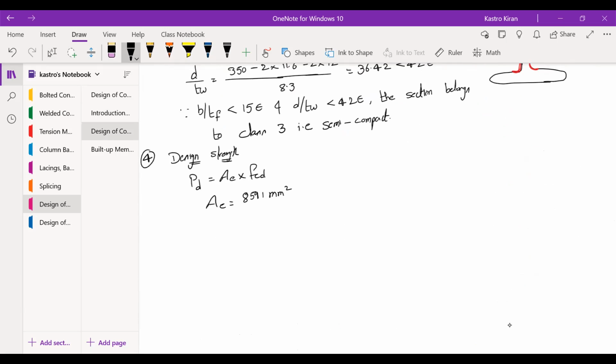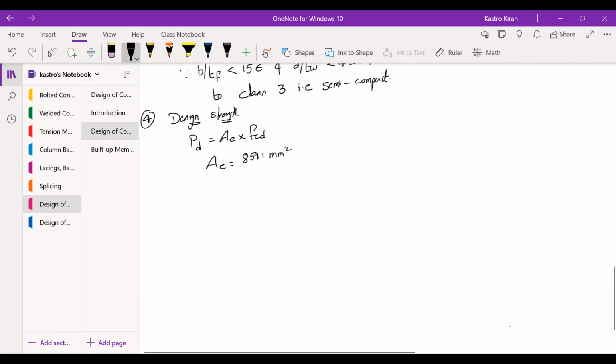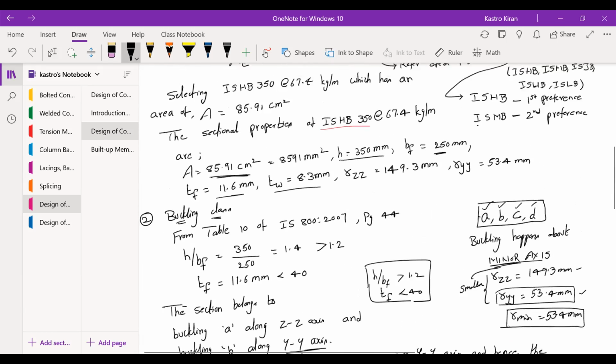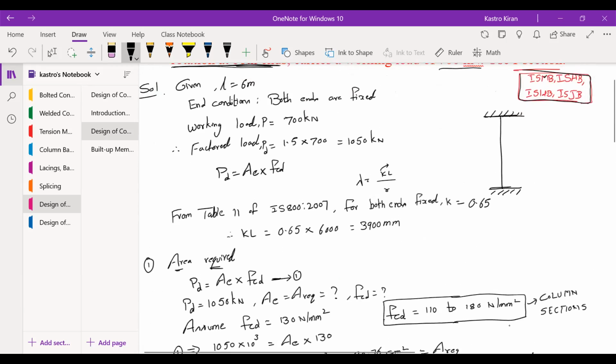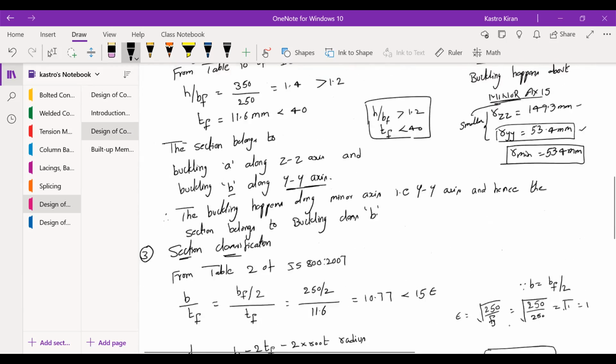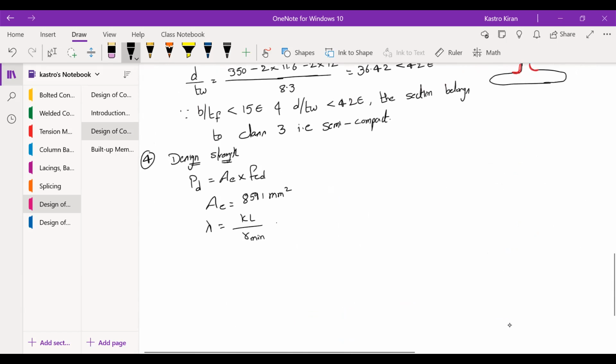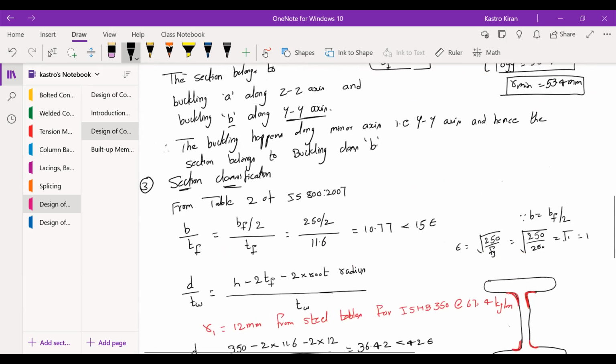Now, how will you find out fcd? In order to find out fcd, you should find out the slenderness ratio value, that is KL by r minimum. What is the value of KL? We found that out already. So KL is 3900. And what is r minimum?